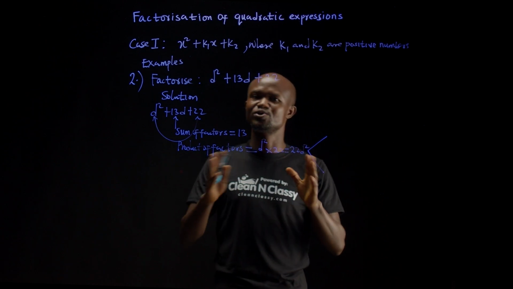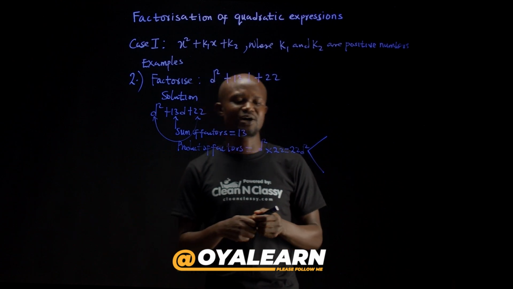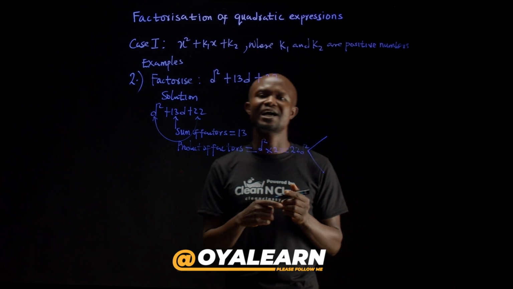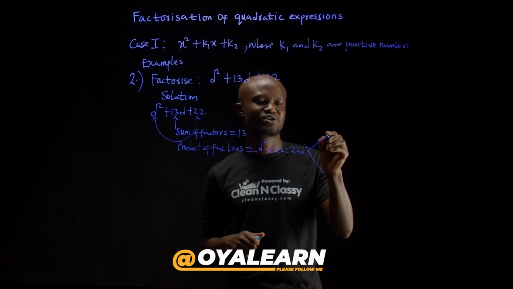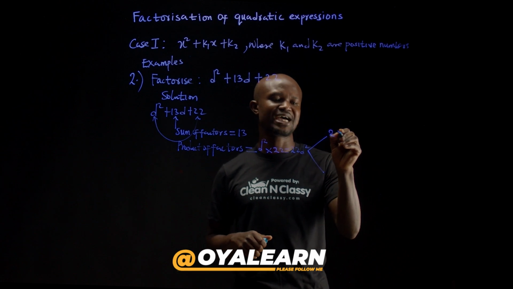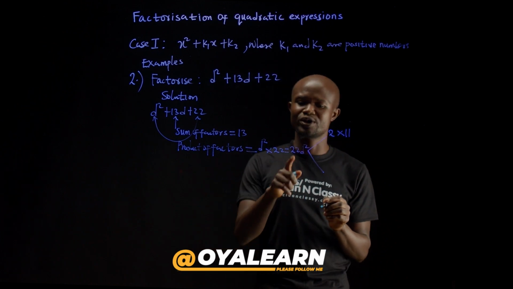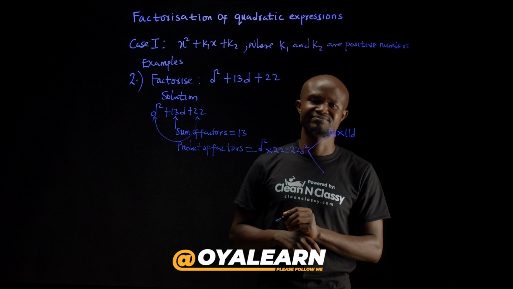So we don't need to disturb ourselves with negative numbers. Looking at 22, what are the two numbers we can multiply together to give 22? We can have 2 times 11. That is, to give 22d squared will be 2d times 11d.